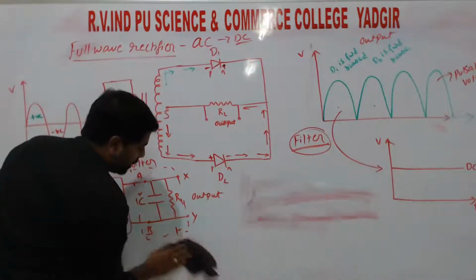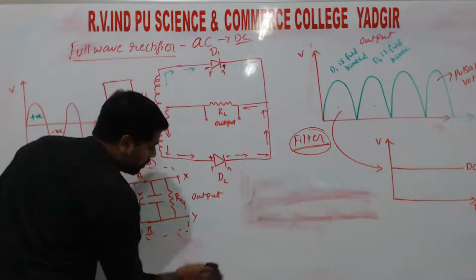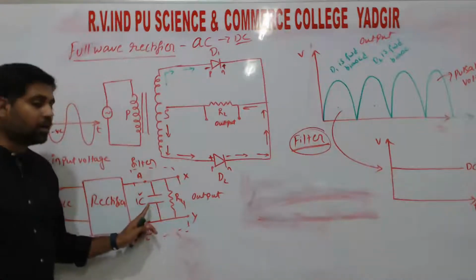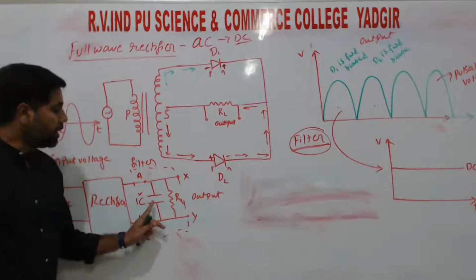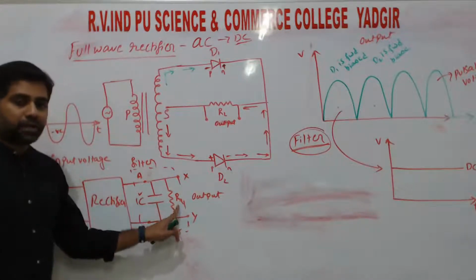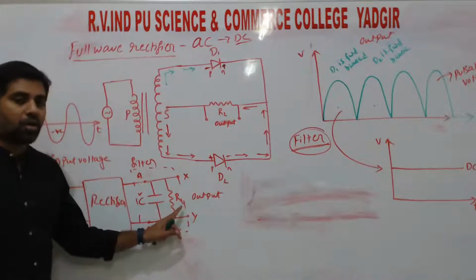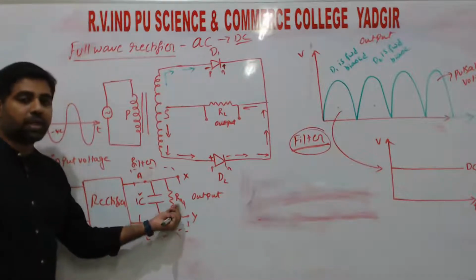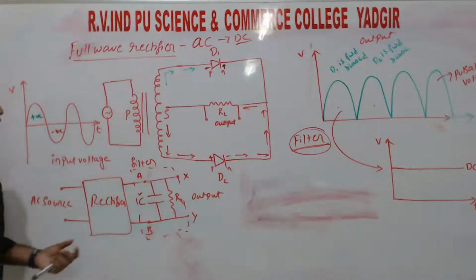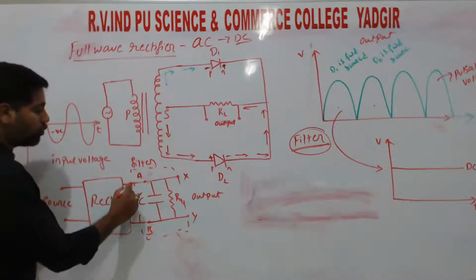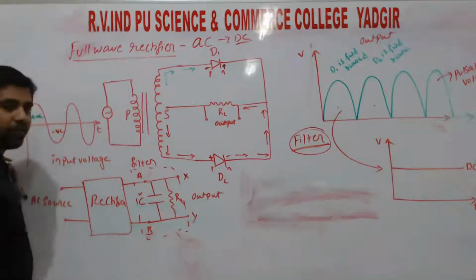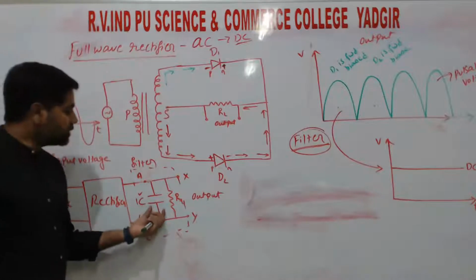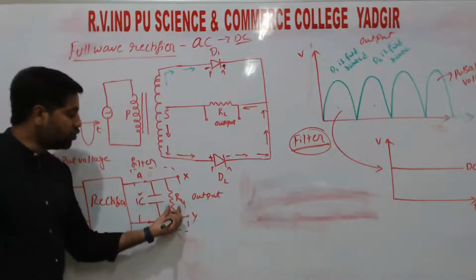So in a filter we can use either capacitance or inductance, right? If we use capacitance, this capacitance must be added in parallel with the load resistance, or if we use inductance we need to add that inductance in series with the load resistance, right? So here what happens: the output voltage comes out from the rectifier and flows across the capacitor, and it gets fully charged when there is no load resistance.